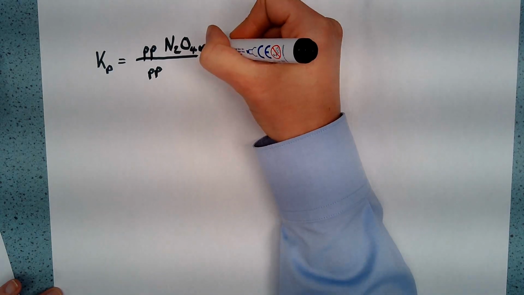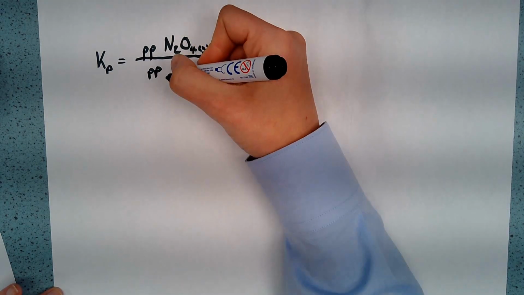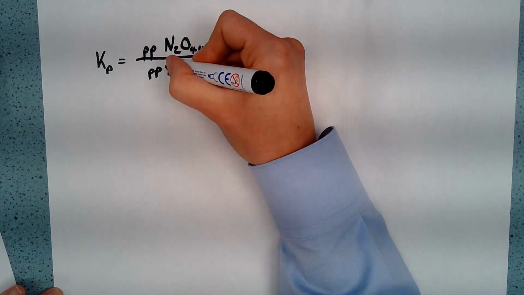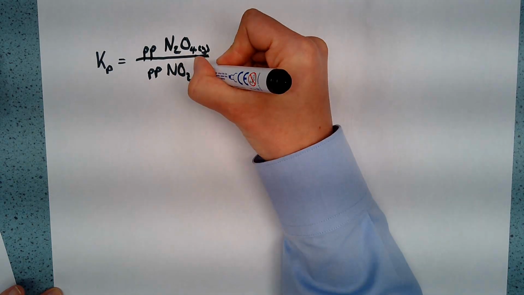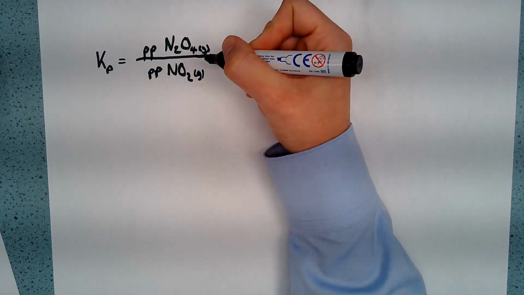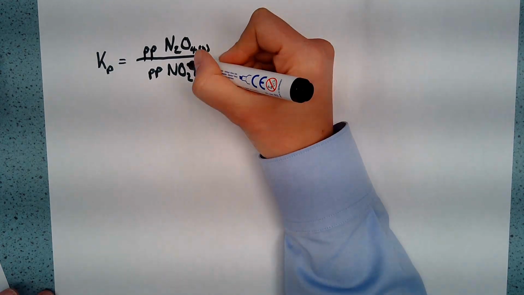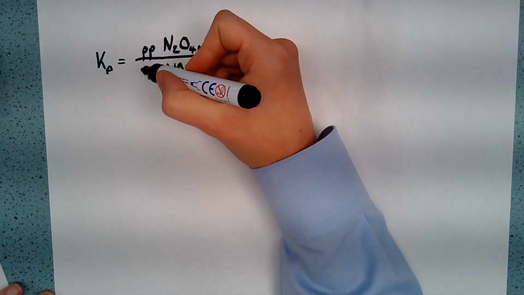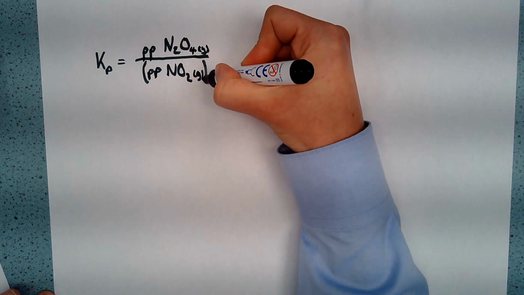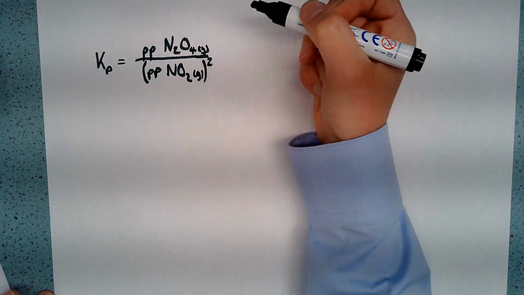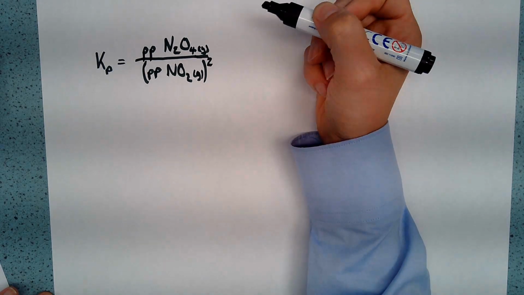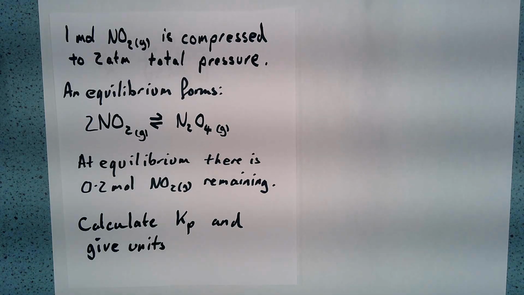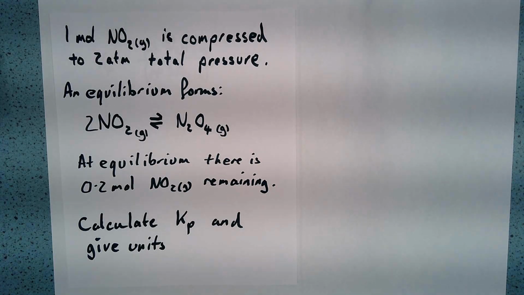It's a gas, and we're going to have the partial pressure of NO2 gas on the bottom, and in our equilibrium there is a 2 in front of the NO2 in the balanced equation, so that term is going to be raised to the power of 2 or squared. So as you can see, it looks very similar to a Kc expression, it's just instead of concentration we are using partial pressure. We're going to need that equation, but we're going to need some information from the question first.